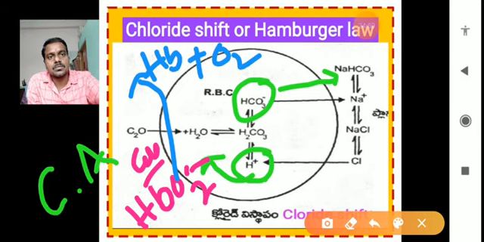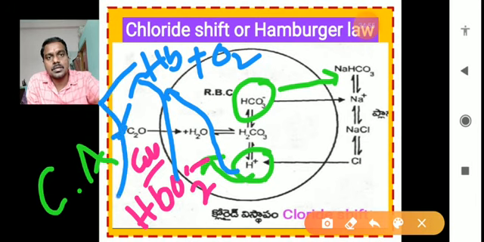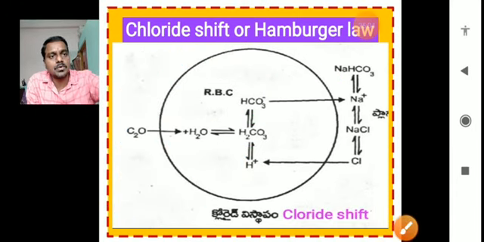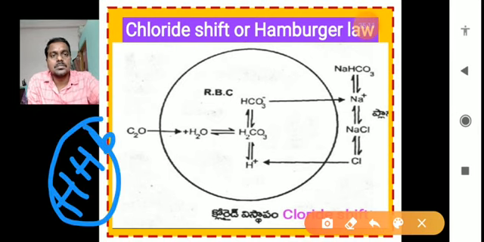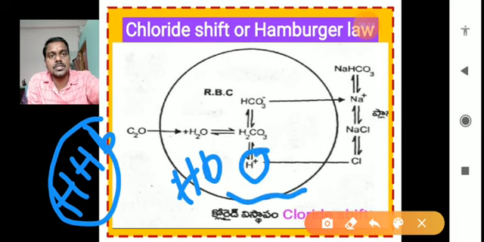Then the H plus ions bind with Hb and finally form HHb. The H plus binds with Hb, and the oxygen is released into the plasma, into the cell.